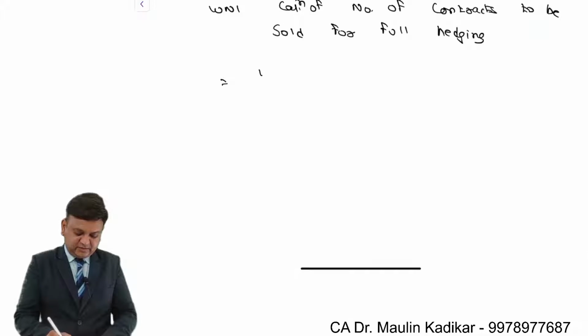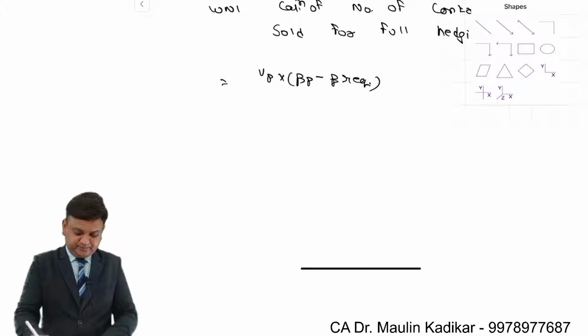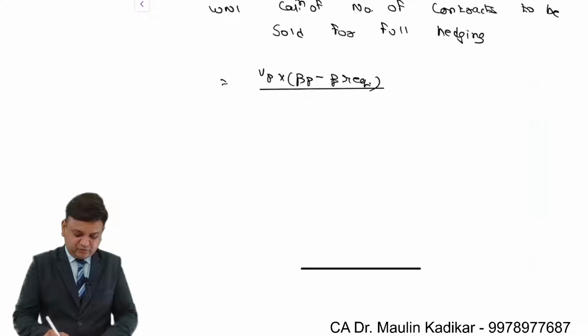In that case, value of the portfolio into (beta of portfolio minus beta required) divided by futures index value into lot size.